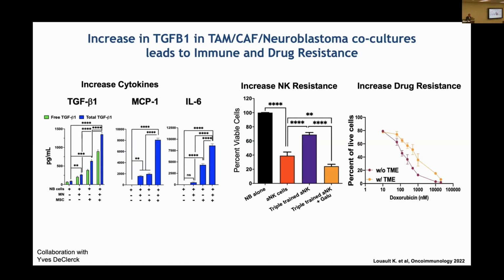We also see that this three-way collaboration increases the drug resistance to doxorubicin. So the talk between the macrophages and CAFs is really significant, both in terms of bringing in immune cells as well as secreting immunosuppressive cytokines, leading to immunosuppression and drug resistance.